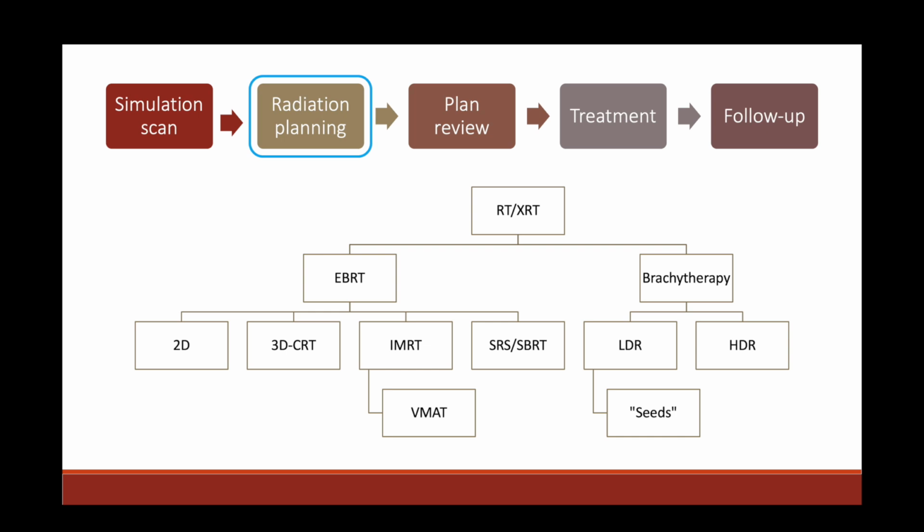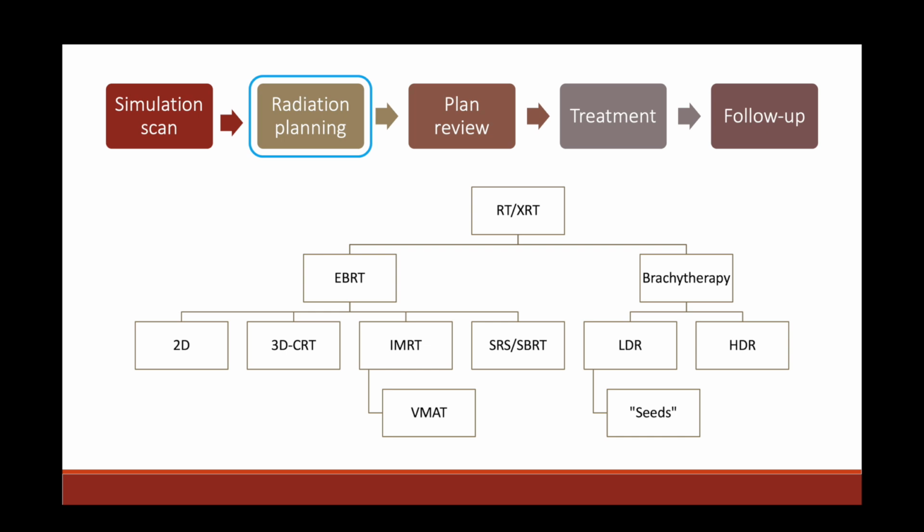We then had IMRT, which is intensity modulated radiotherapy. IMRT really relies on multi-leaf collimators, or MLCs, in the head of the gantry. They're like lead leaflets that move in and out of the field while the patient is being treated, and they allow radiation to be delivered very conformally to our target.